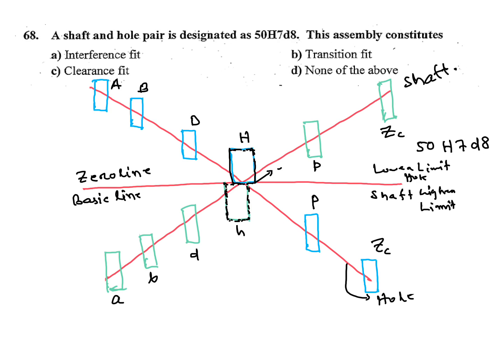This question was asked 2 times in ISRO. So in this question, H7D8, D will come here and H capital letter here.